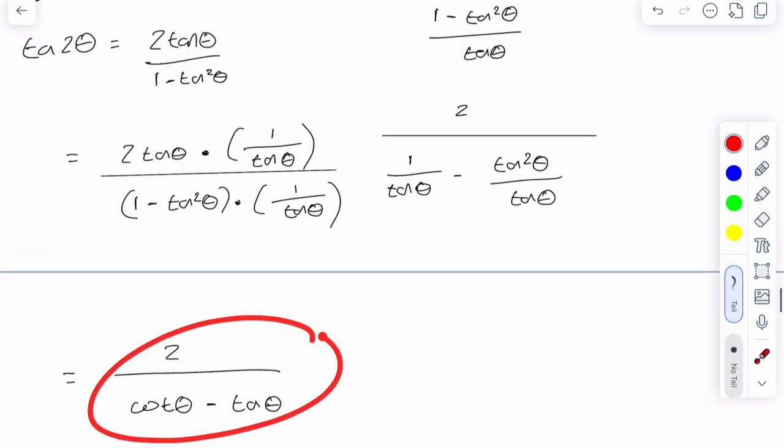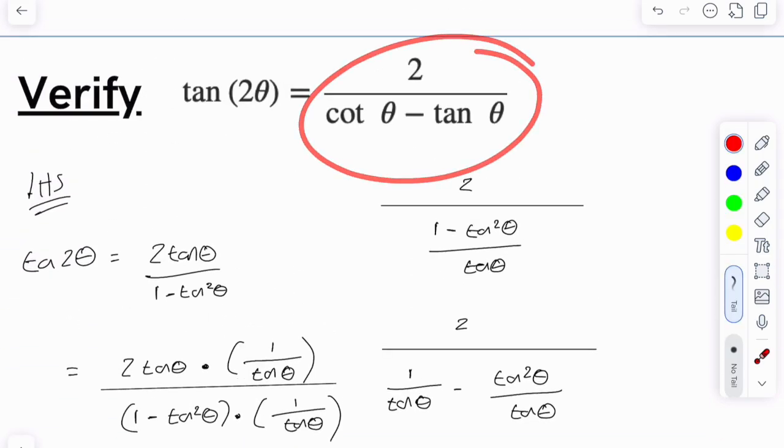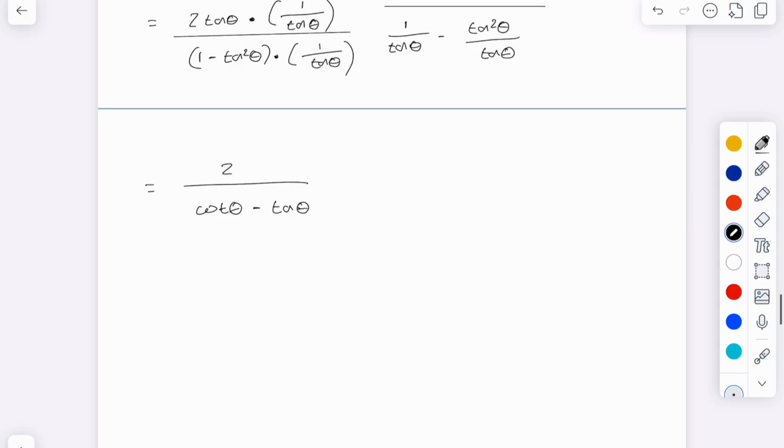And what do you know? This is the same thing as this. So therefore I can say the left hand side is equivalent to the right hand side as required.